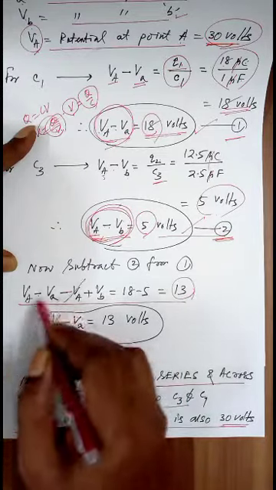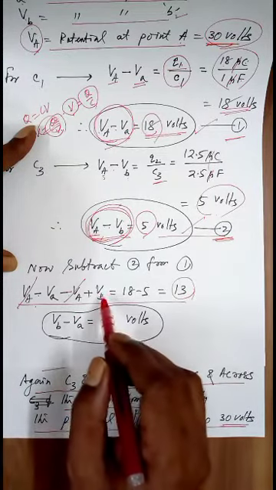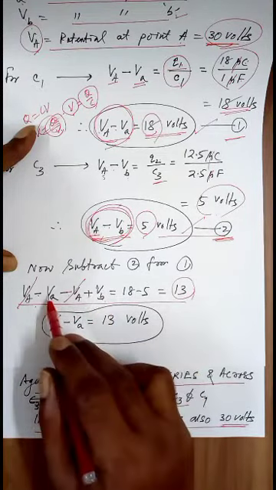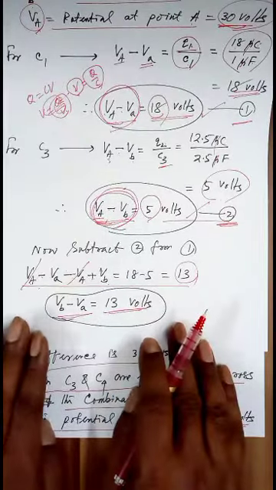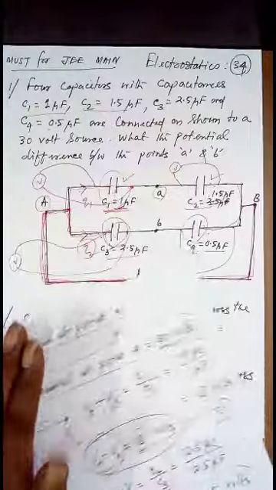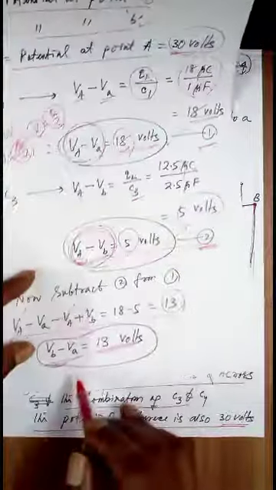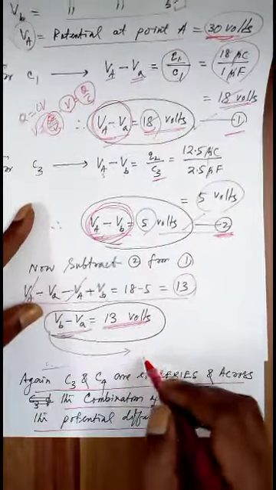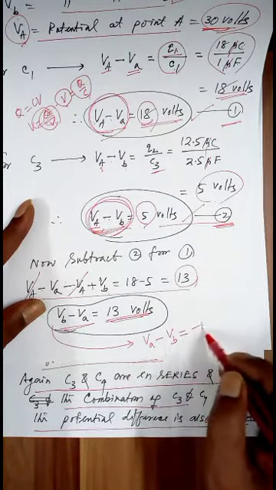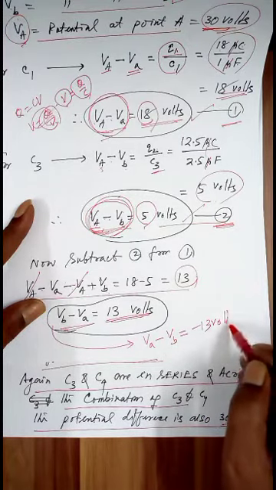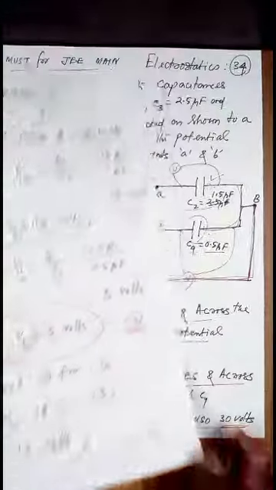So your V capital A cancels. So we are left with V small b minus V small a equal to 13 volts. So the potential difference between these 2 points is 13 volt. Or you can say, from this, V small a minus V small b will be minus 13 volts. Fine.